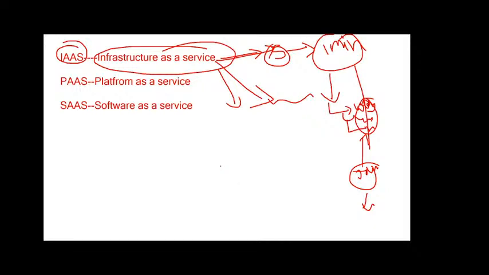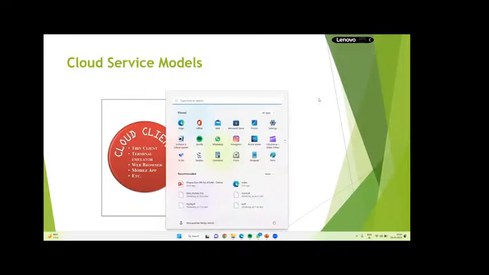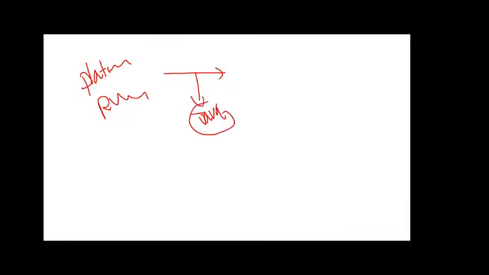Next, platform as a service. What is platform as a service? Any idea? The name itself describes it: platform. They are providing the platform and runtime. For example, you have to deploy one Java application and the Java code is ready with you.